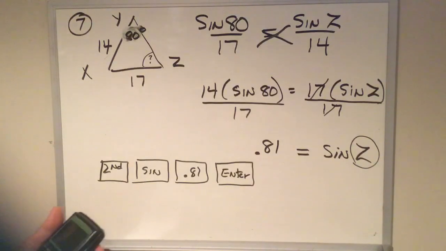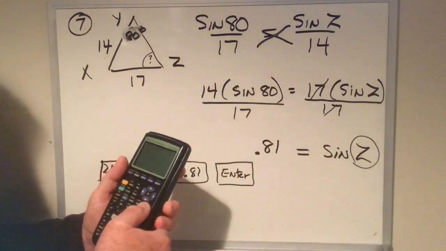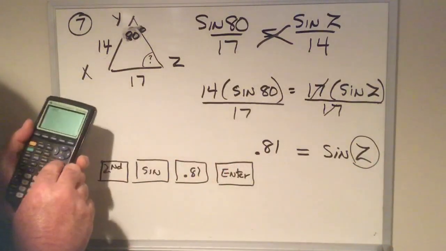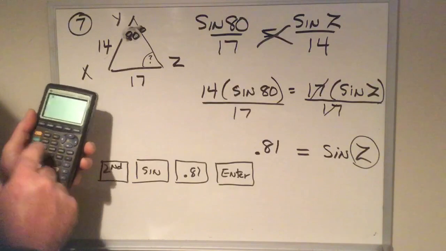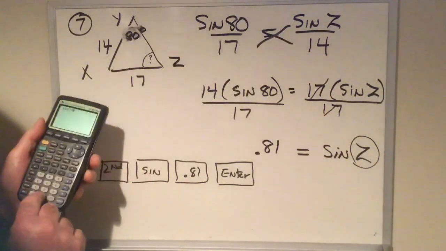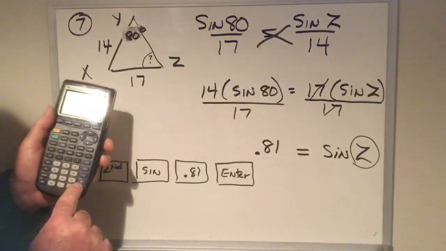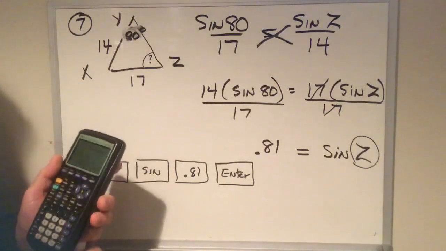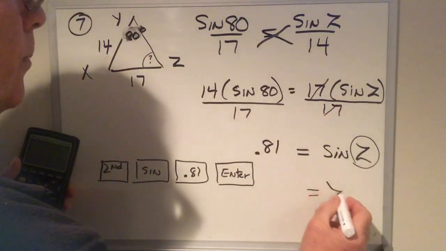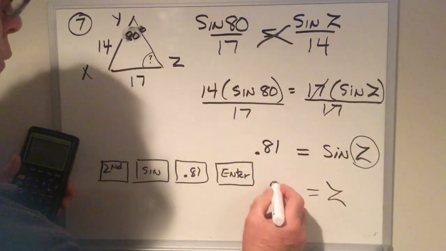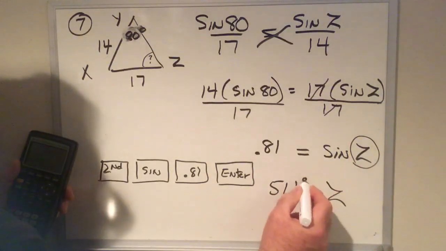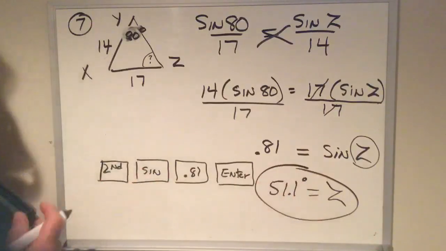So I'm going to take that 0.81. Oh, excuse me. Second sine, 0.81, enter, and 54.09. So let's say that Z is 54.1 degrees. That's the answer to the question.